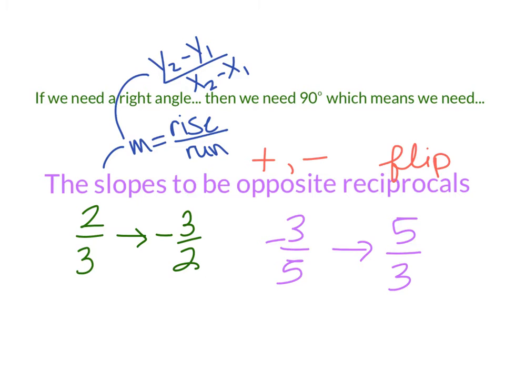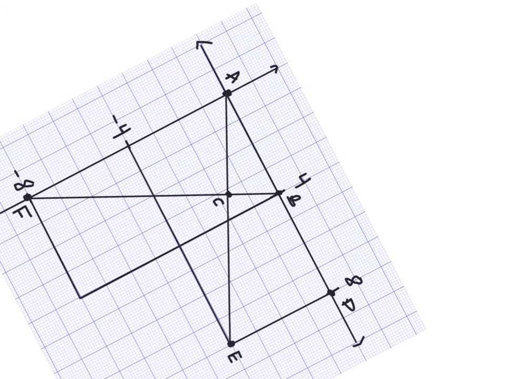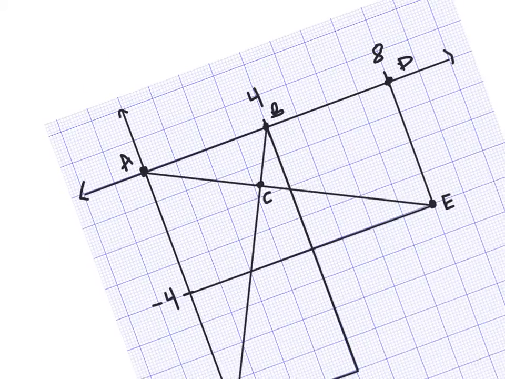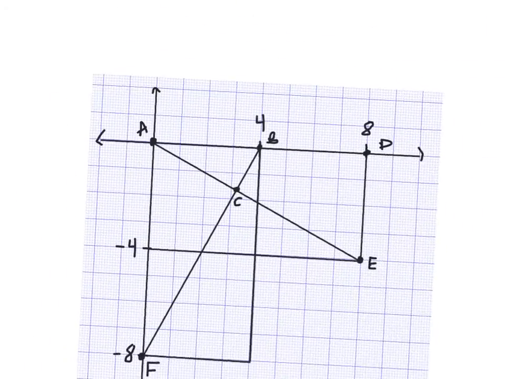So if the slope of one line is positive and the other one's negative, and they're flipped like this, then that means you have a 90-degree right triangle, which means you can use sides AC and BC as the base and the height, whichever one you want. Doesn't matter, whichever way you look at it. Base down at the bottom and the height would be AC, or AC the base and BC the height. It doesn't matter in the calculations.